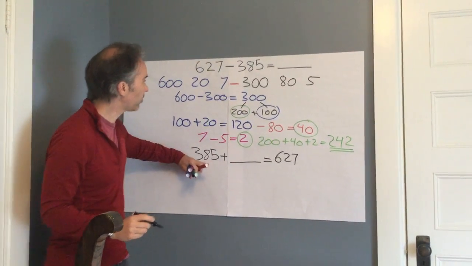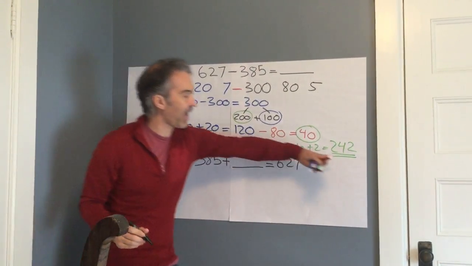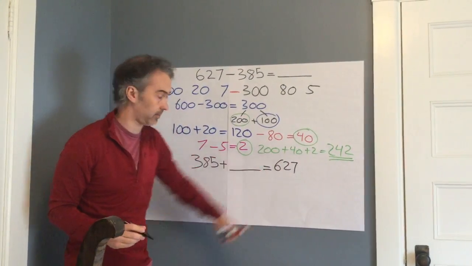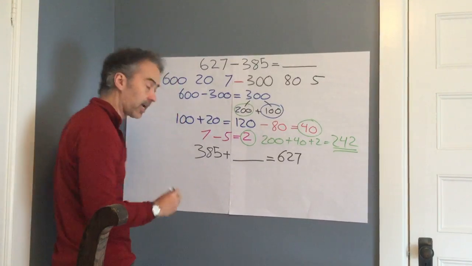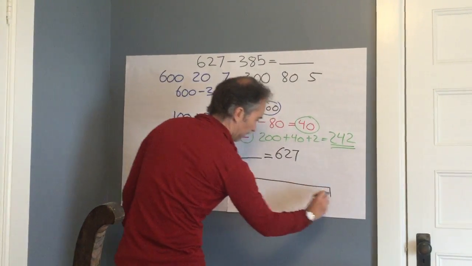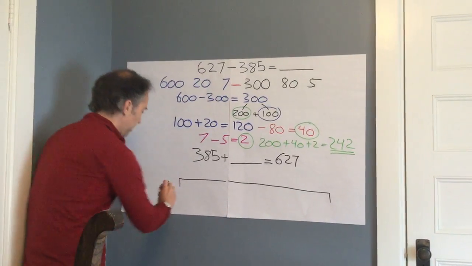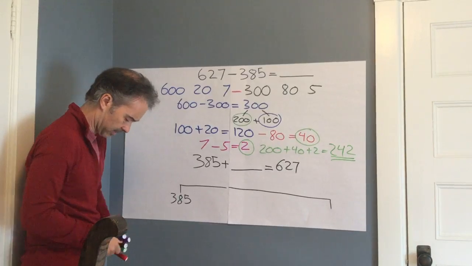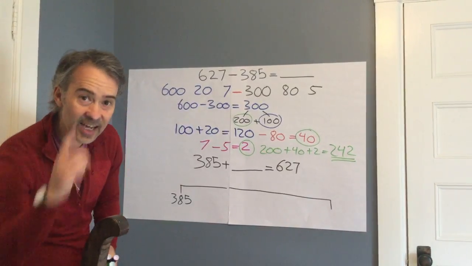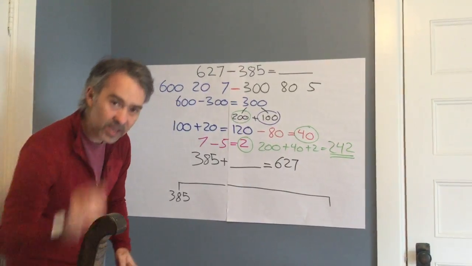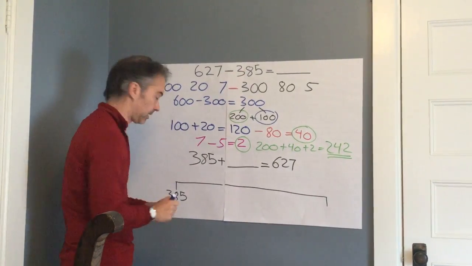So if I take my 385 and I add the 242, I should get 627. Now the way I'm going to check is, I'm going to do this with a number line. I'm going to start at 385. Now I want you to pay attention to how I hop on the number line. I'm always looking for friendly numbers.